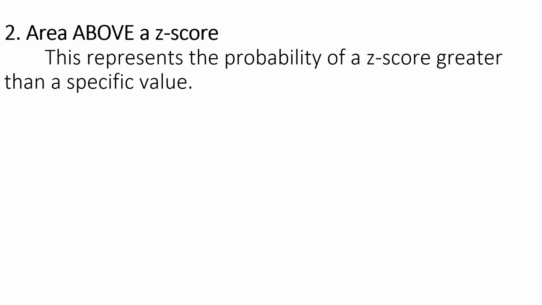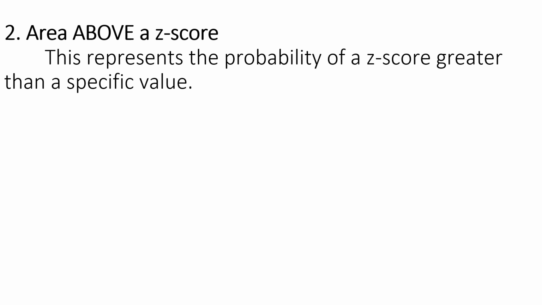Now let us move to case number 2. In case number 1, when you hear the keywords less than, at most, to the left, below, or not more than, you will shade to the left. But in case number 2, the area is above a z-score, which represents the probability that a z-score is greater than a specific value.